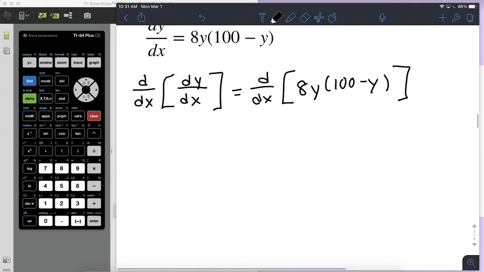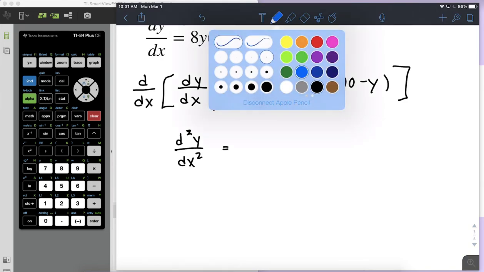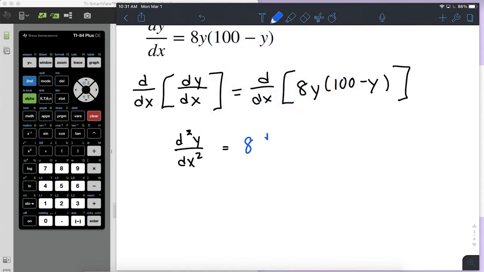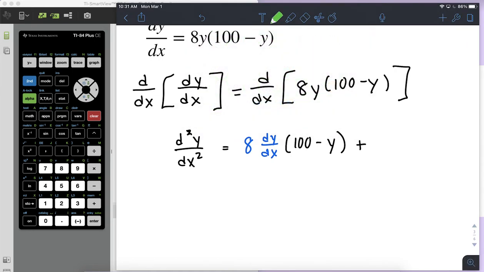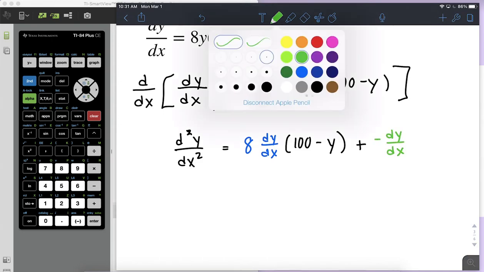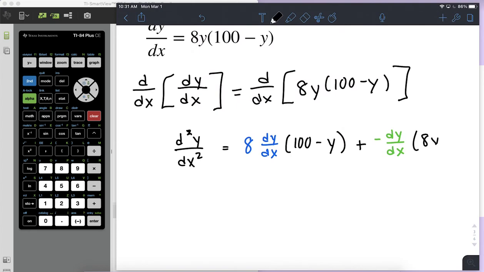Okay, so the left side comes d squared y over dx squared, our second derivative notation. And now I'm going to have to use product rule. So the derivative of my first part is going to be 8 dy dx, times my second group, so 100 minus y. And then I'm going to do plus the derivative of my second group. So the derivative of that is negative dy dx, times my first group again, so 8y.